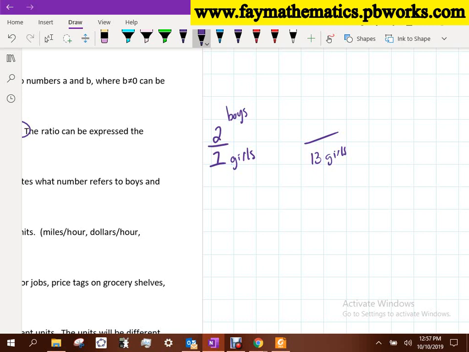Careful, because it's going to be reduced down to 2 to 1. You have 26. Okay? Does that make sense, everybody?